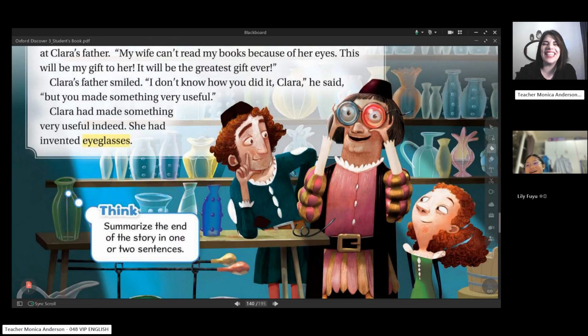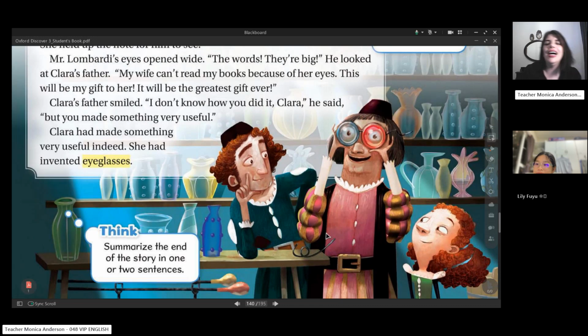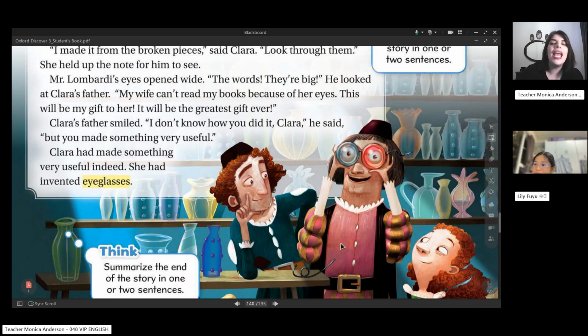Look at Clara. Look at this one. It's like, poor Mr. Lamberti. Okay, so first of all, tell me, how could Clara invent eyeglasses?